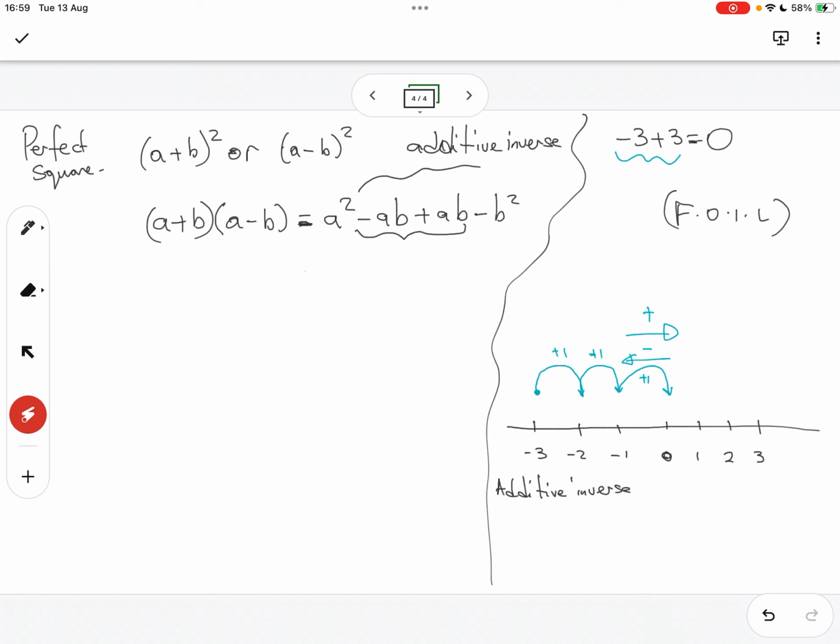Still not clear. Are you sure? Yeah. Because understanding this, just this maths here, which is the same as that math there, which is the same as this math here.